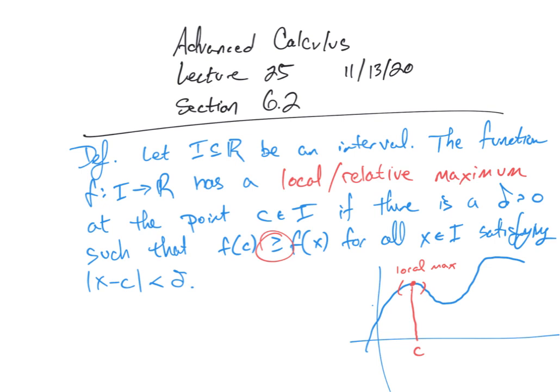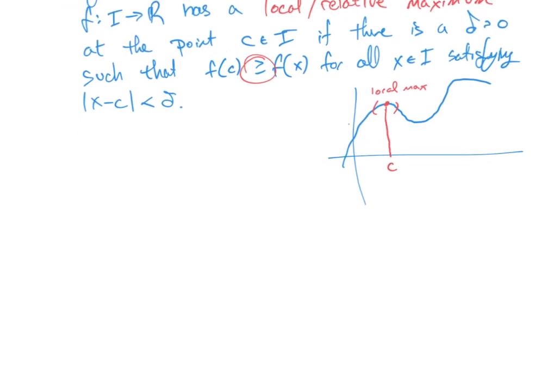Okay. So what is the Calc 1 theorem that you remember about local maximums? They occur when the derivative is equal to 0. Exactly. So let's prove that first. Okay. So what are we going to have to do?